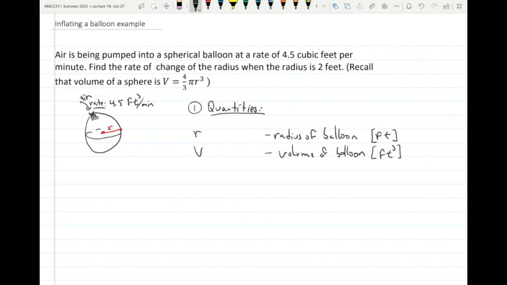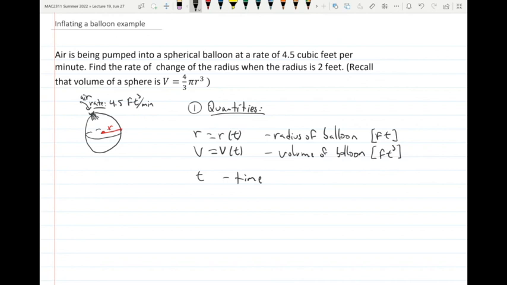And as usual, does everybody understand that both of these quantities depend on time? You're blowing the balloon, as time passes, the balloon is growing, right? So there is a secret variable here, which is time. And the point is that both of these guys are functions of time. So it's good to stress it. So write this down. You're stressing that, okay, my main quantities are radius and volume, but how are they actually interconnected?